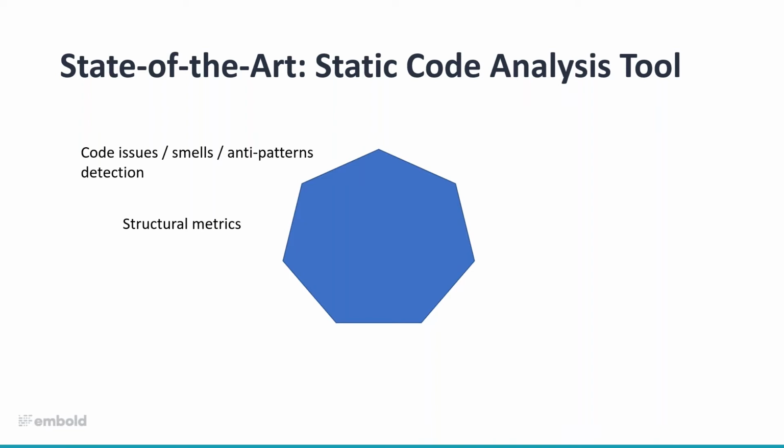And also, this is common: we can measure the structural properties of the software by using certain code metrics. And also, some of the tools have this kind of code quality model, which is maybe based on the ISO 25010, or maybe part of the ISO, for example, maintainability properties.